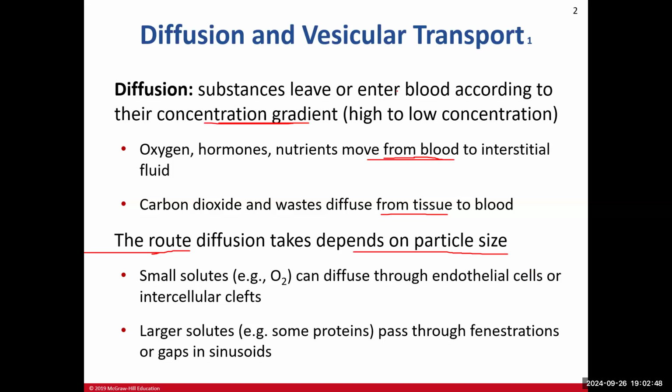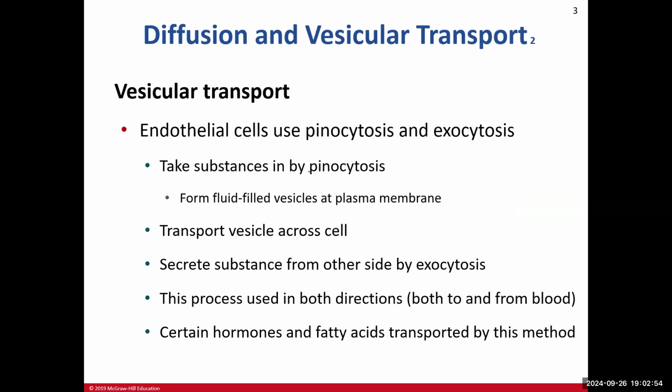Okay. So when we're discussing how things move from point A to point B, either from the blood to the tissues and vice versa, right? Diffusion is one way. Vesicular transport is another. Now, this goes back to chapter 4 when you were learning about active and passive transport processes. And this goes back to pinocytosis and exocytosis.